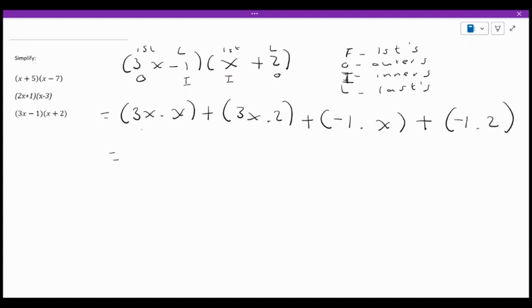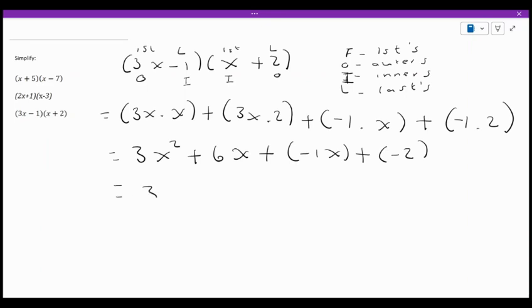We go ahead and simplify that. That gives us 3x squared plus 3 times 2. That gives us 6x plus negative 1 times an x. That will give us a negative 1x. See, I kept the negative inside the bracket. I haven't let it loose yet. I have a negative 1 times 2. That will give me a negative 2.